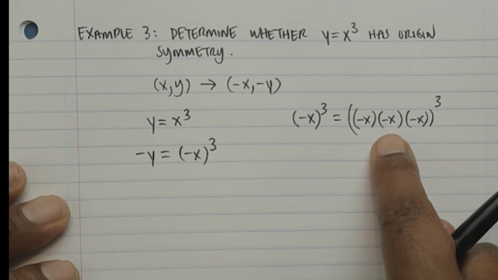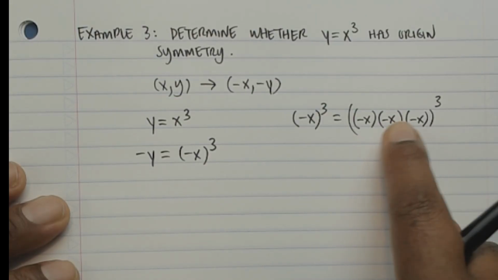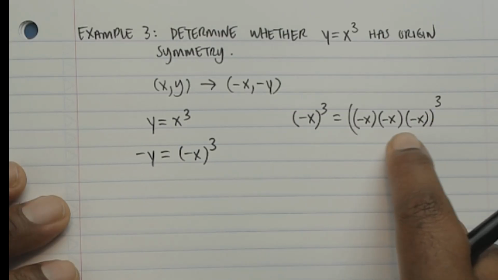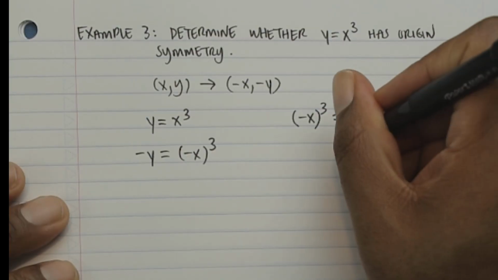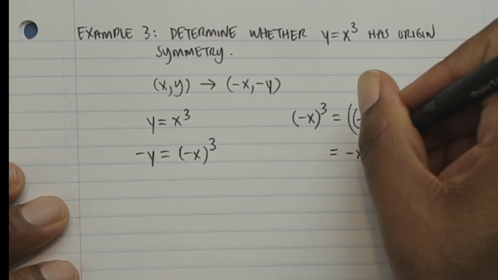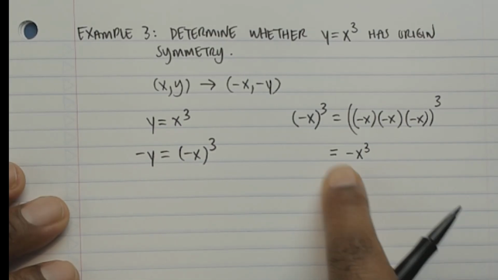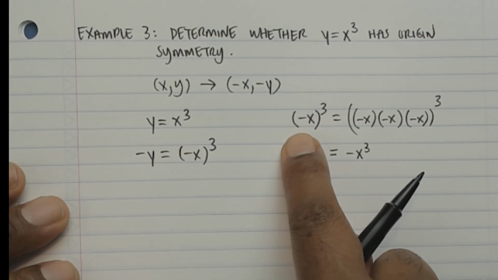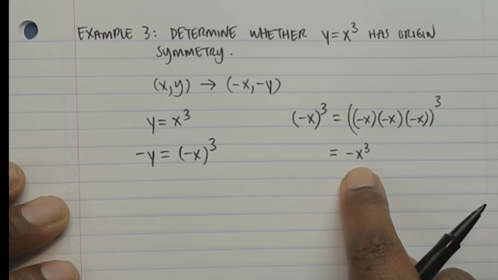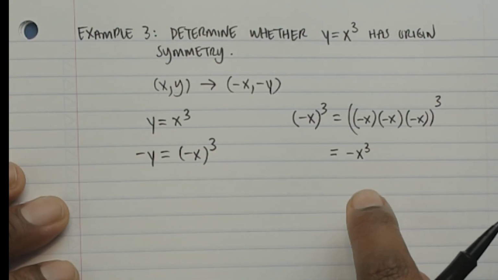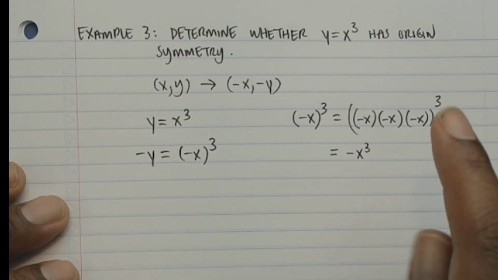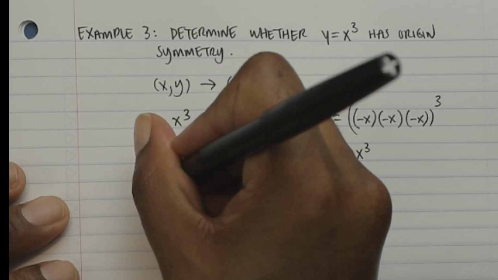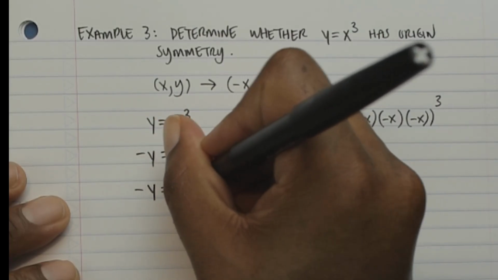We know a negative times a negative is a positive, and a negative times a positive times a negative is going to give us a negative. So negative x cubed is negative x cubed. So since negative x cubed equals negative x to the third, the final result would be negative y equals negative x cubed.